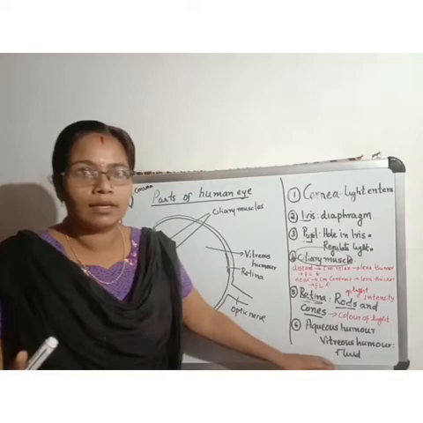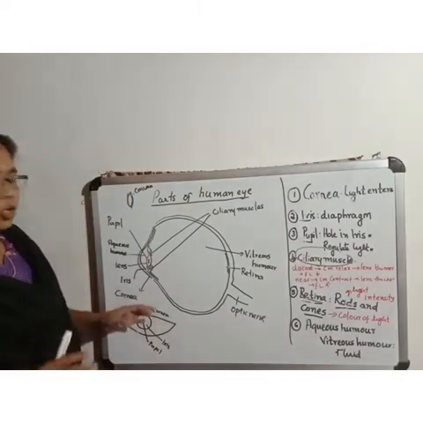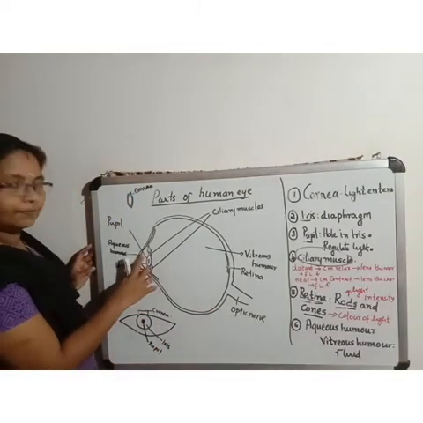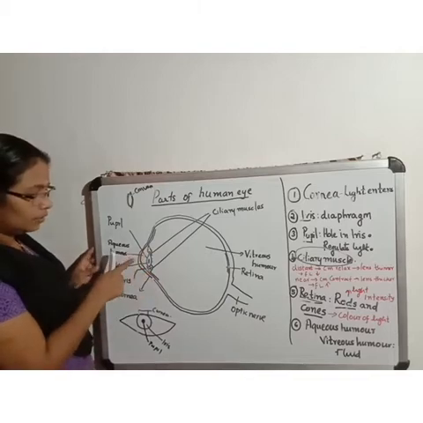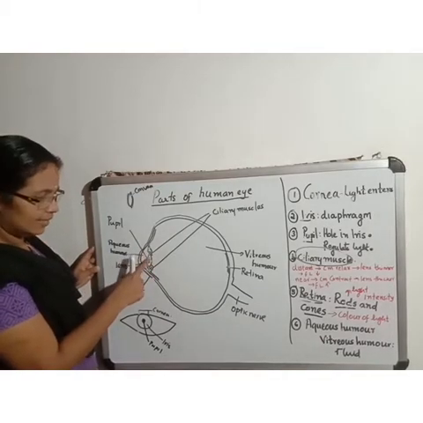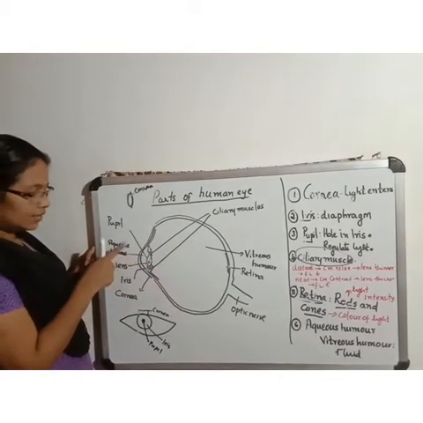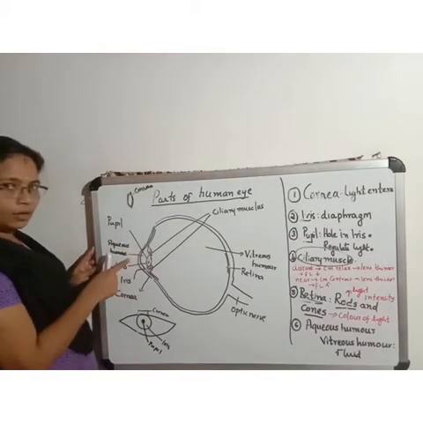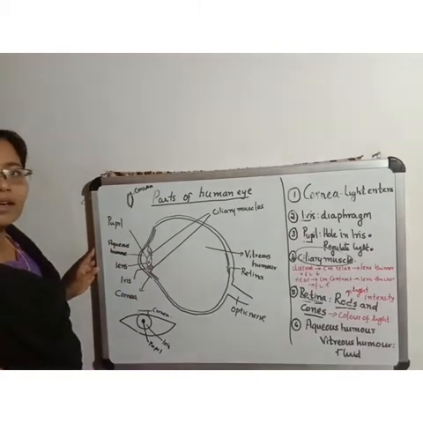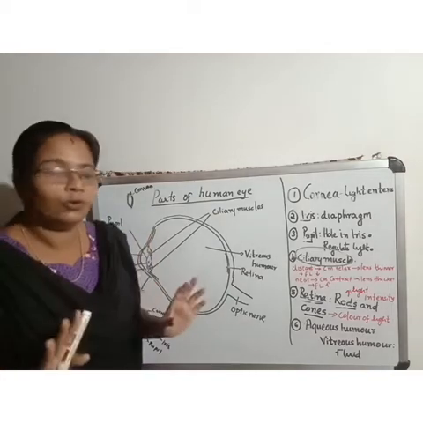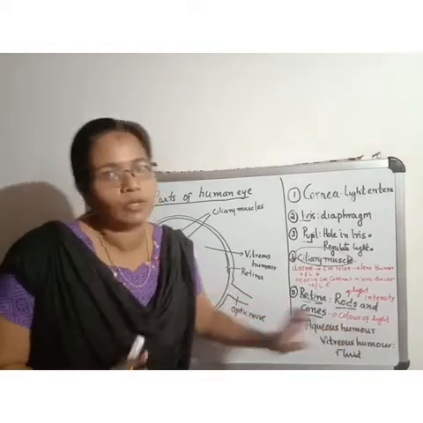both are fluids. Aqueous humor is a fluid in between the cornea and the lens. This is the lens and this is the cornea. In between the lens and the cornea there is a fluid, that is the aqueous humor.